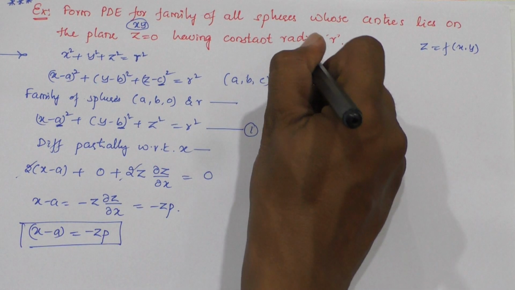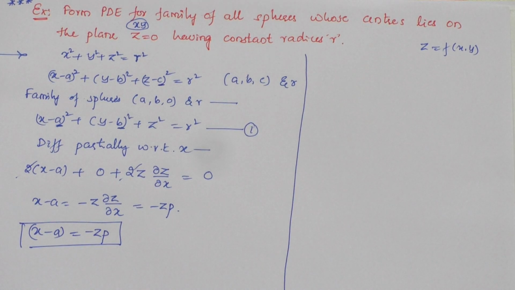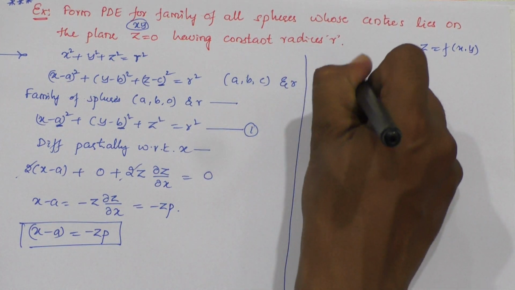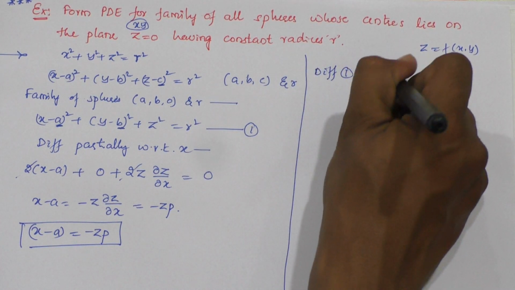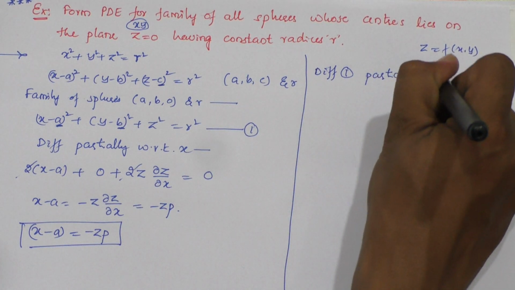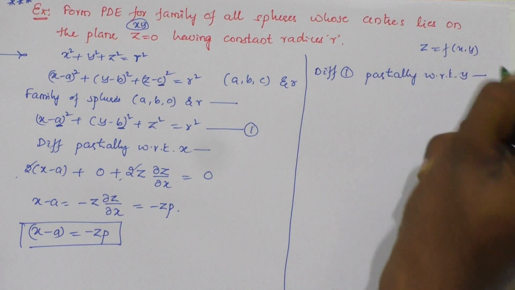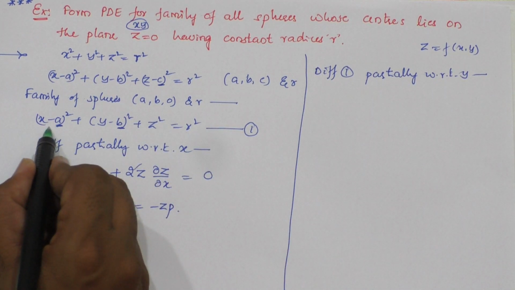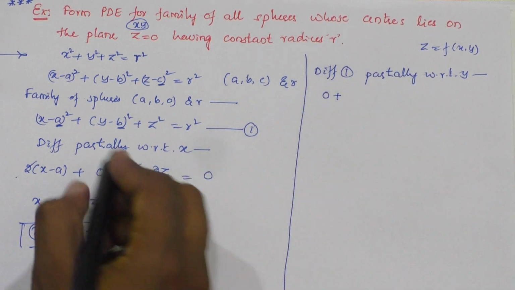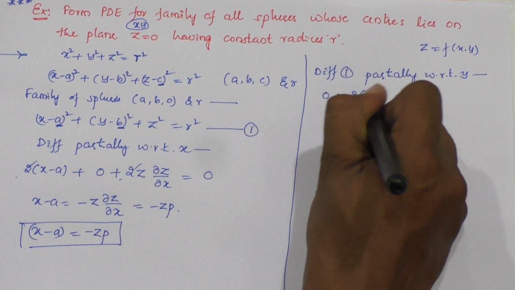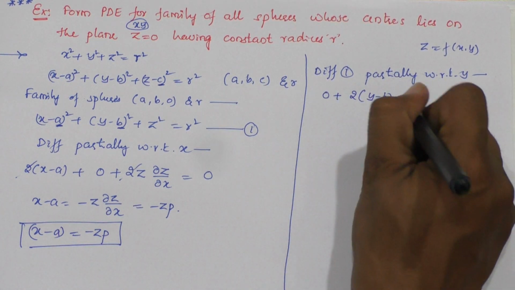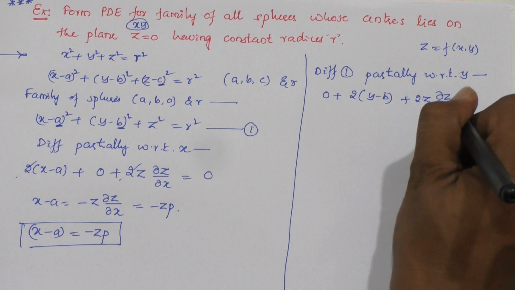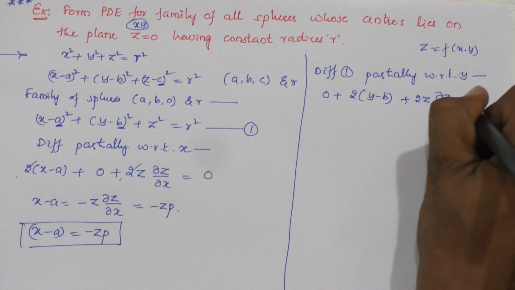Now in the same way you go for differentiation of 1 partially with respect to y. In equation number 1, the derivative of x minus a is 0, plus y minus b square gives 2 times y minus b, z square differentiation gives 2z dou z by dou y, and the derivative of r is 0.